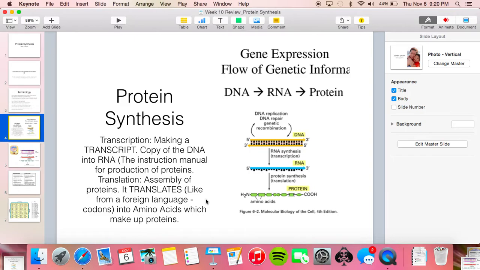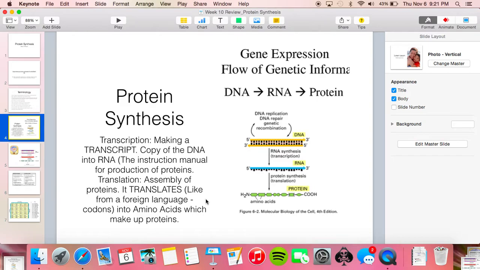So it would be like him breaking into the facility that has the recipes and then writing shorthand the recipe, so it's not the exact same, but it's the same steps, and then taking that and actually making the product, which would be like taking DNA to RNA to protein, or instruction manual to machinery to Hot Pocket. It'll make sense if you watch the video, but it's actually a really cool process. So just understand that that's what that is. It's copying the DNA into an instruction manual.